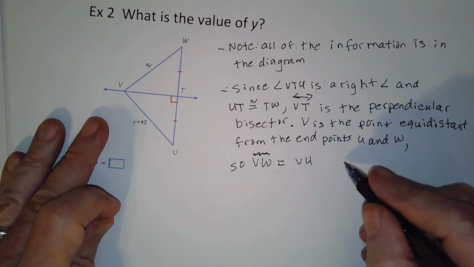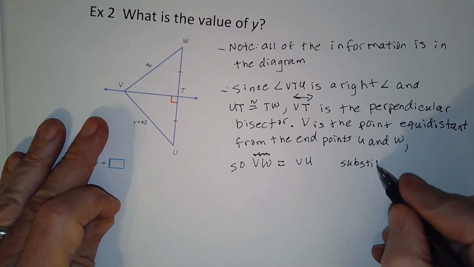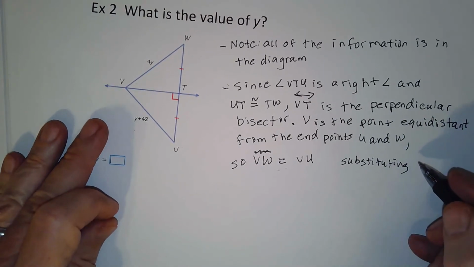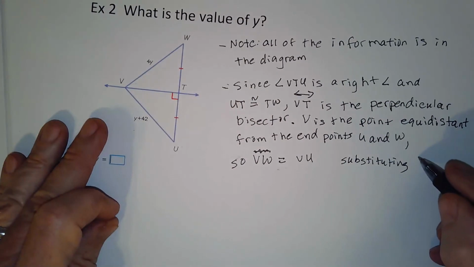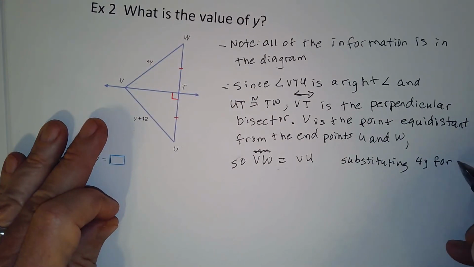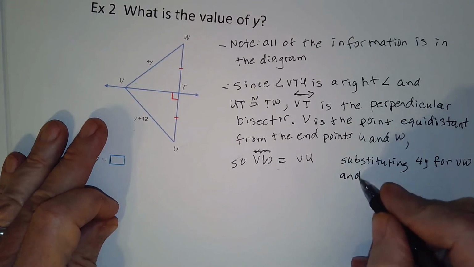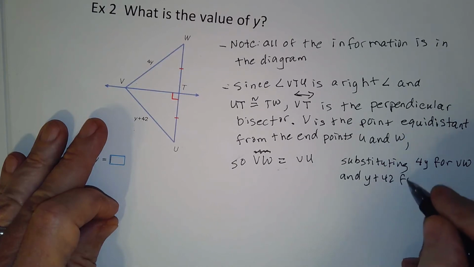And so then substituting, we're going to substitute for VW here for Y, and Y plus 42 for VU.